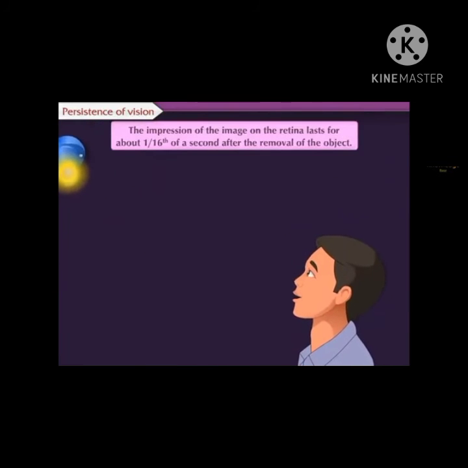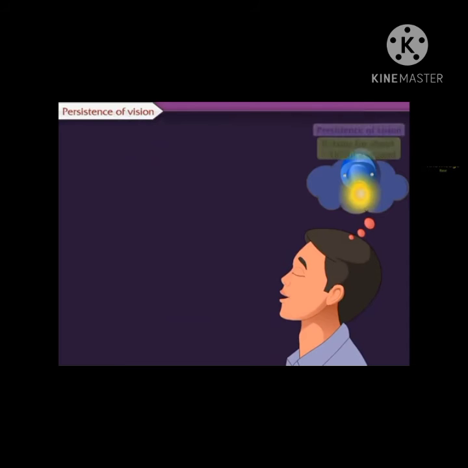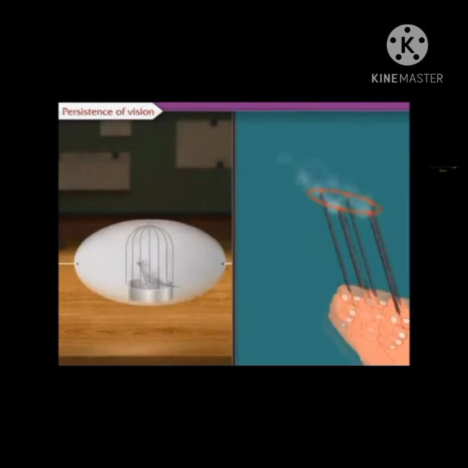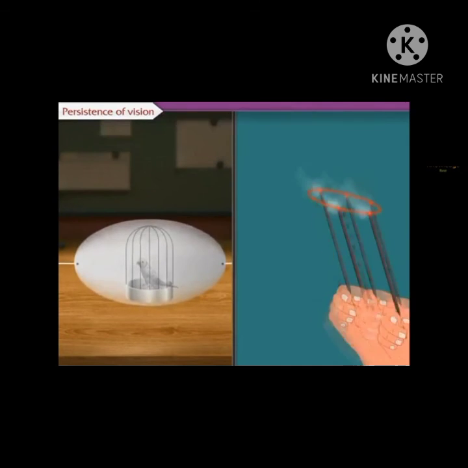However, this is not instantaneous. The impression of the image on the retina lasts for about 1/16th of a second after the removal of the object. This is called persistence of vision. Thus, due to persistence of vision, there is an illusion of seeing the circle of light and of a single picture of the parrot in the cage.